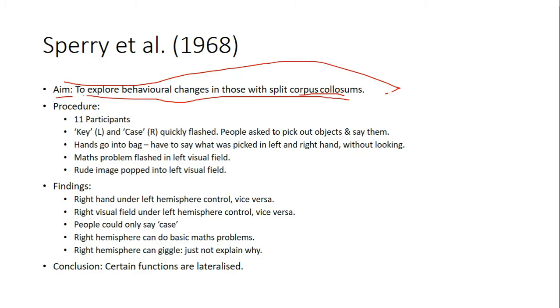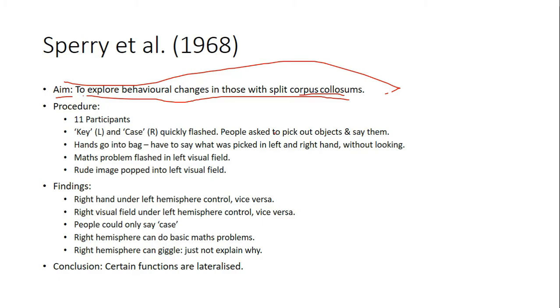So the procedure, there were 11 participants. That's a kind of smallish number, but to be fair, it is a rare illness. Right, now this is something that you're going to have to imagine.